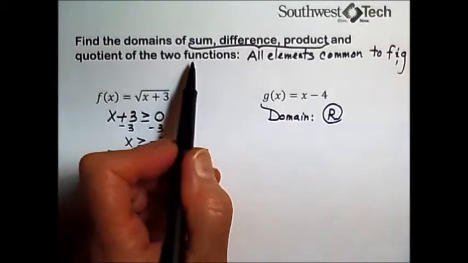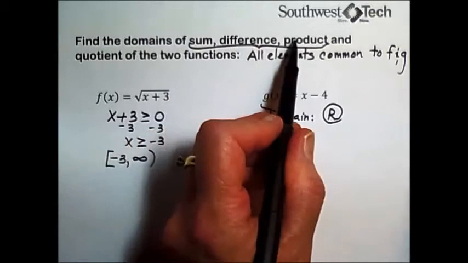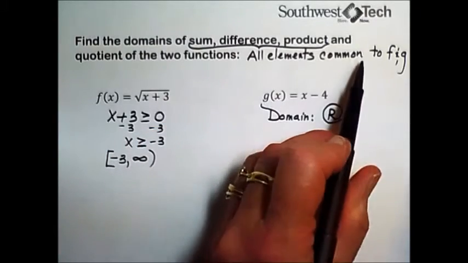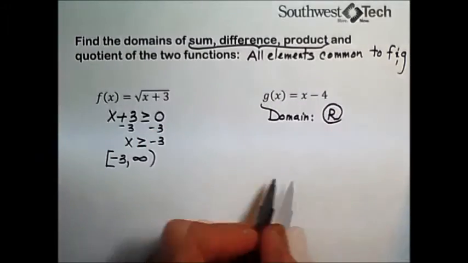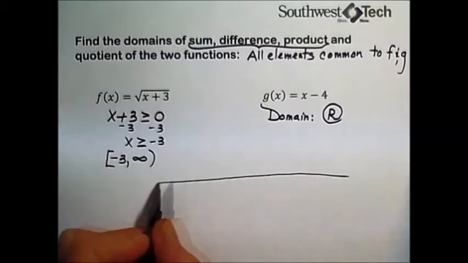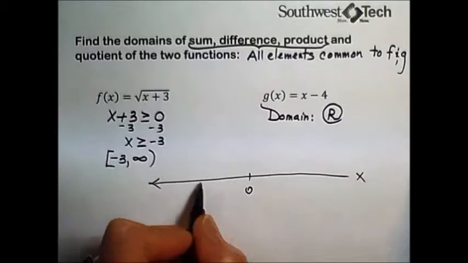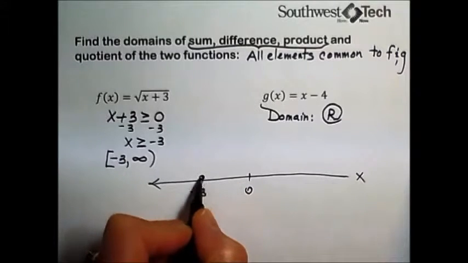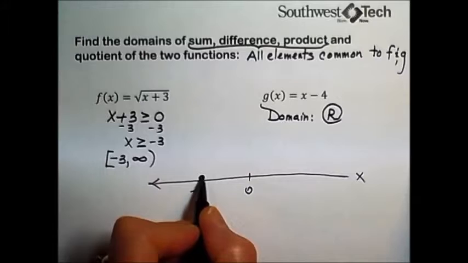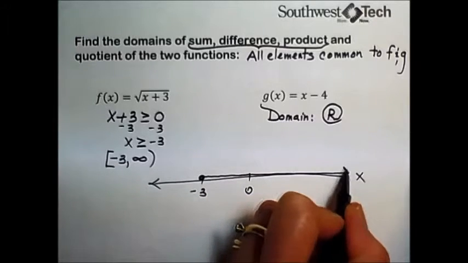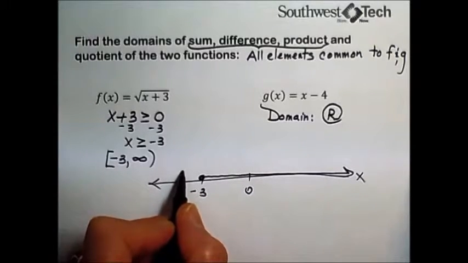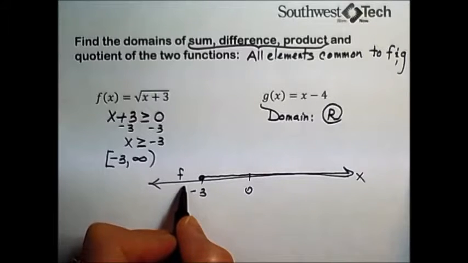When we're looking for a sum, difference, or product again, all elements common to these two functions. So let me do a number line just to talk about the domain of these two. Here we have negative 3 and greater, so we're headed towards positive infinity. This is the domain for the f function.